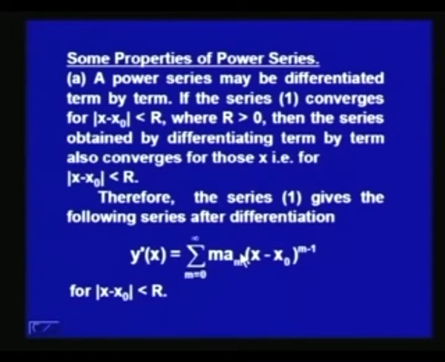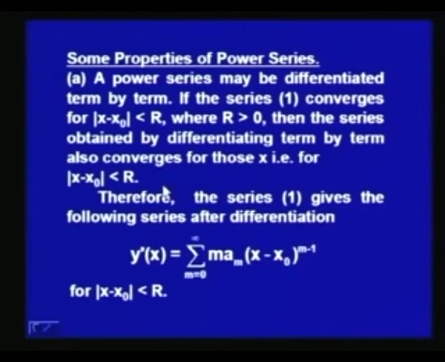Now, let us study some properties of the power series. A power series may be differentiated term by term, that is, if the series 1 converges for mod of x minus x naught less than r, where r is greater than 0, then the series obtained by differentiating term by term also converges for those values of x.